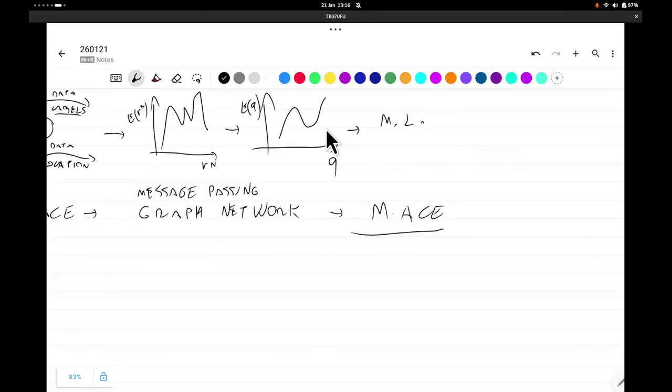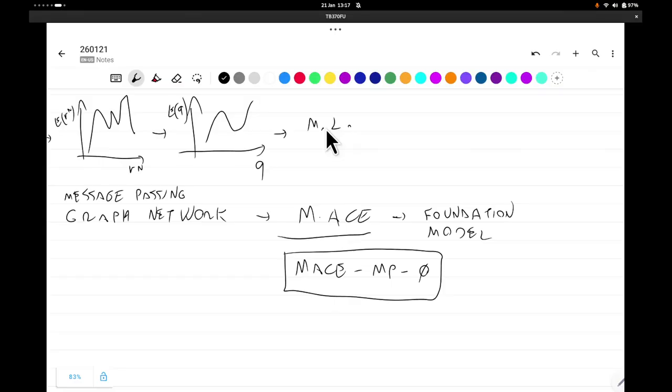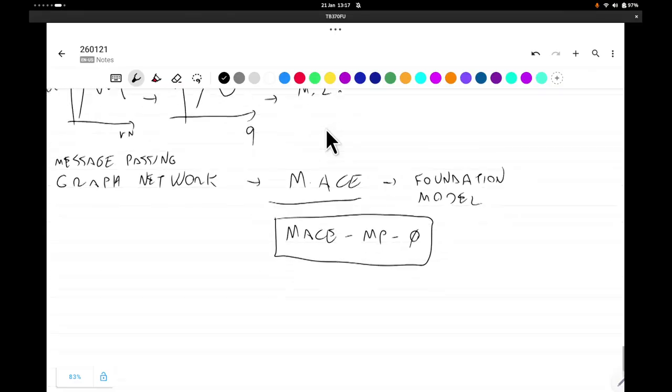if you include also the different chemical species. I didn't talk very much about how you go from one chemical species to the other. So basically you go to a large model that goes, so now we have MACE-MP, the original one was MP0, MP is again message passing, and this is a model that one can access and use as it is.